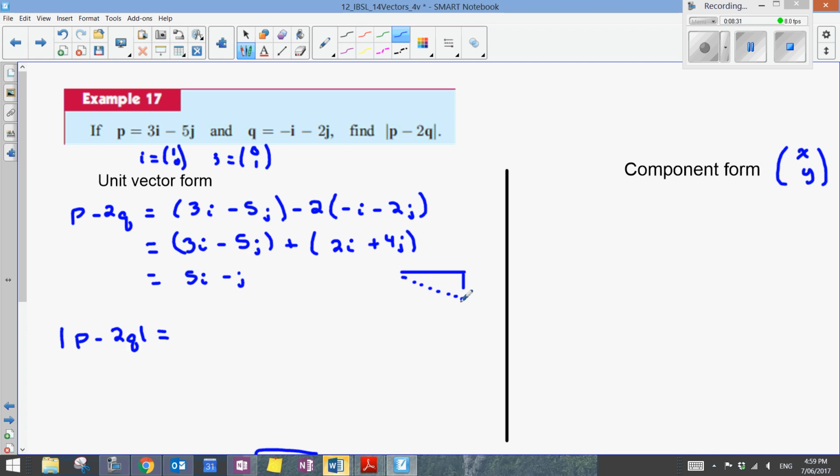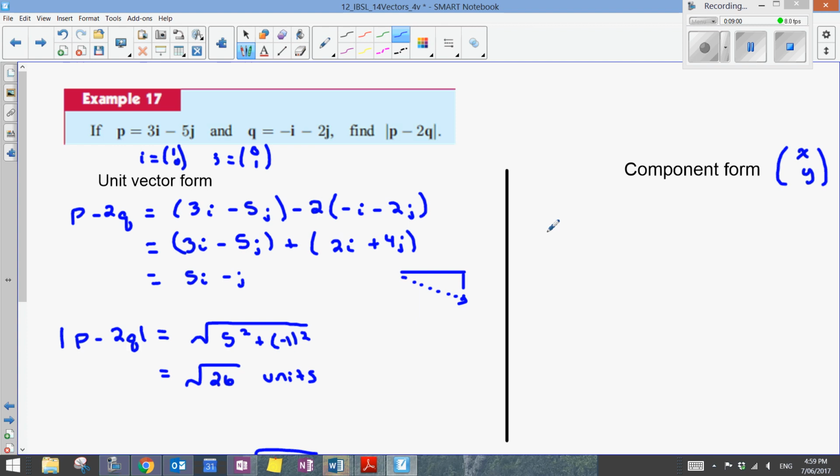How long is this vector? What's the magnitude of the vector? I'm going to use Pythagoras by taking my x component, 5 squared, plus my y component, -1 squared, and I wind up with the square root of 26. This is in units, whatever that length is, whatever units we're representing as the length of that vector, which is the magnitude of the vector.